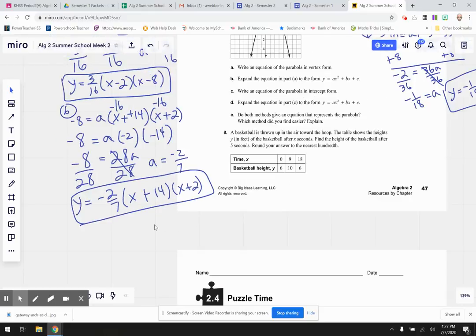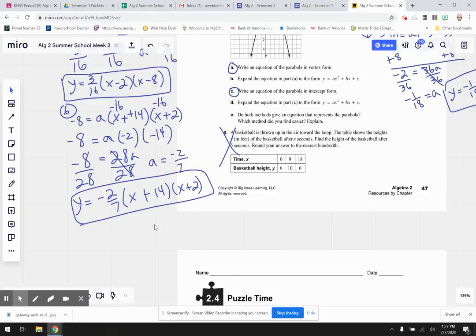1 through 6. Now we're not going to do 8. But I do want to look at 7, at least A and C on number 7. I want to show you, if you have a picture, then you have a vertex and a point.